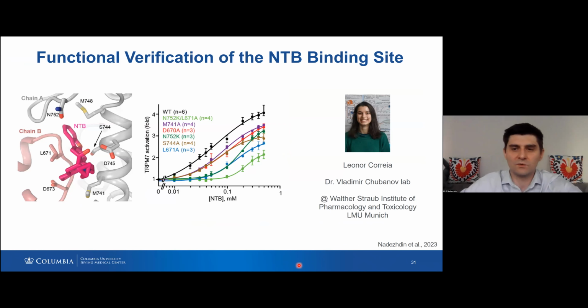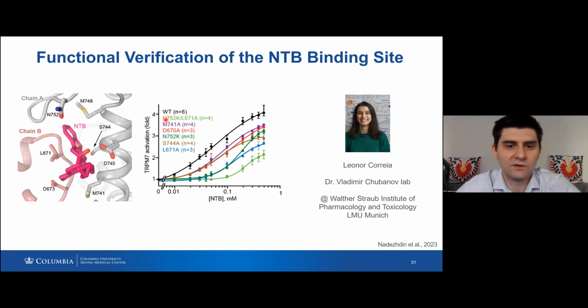And with the help of our colleagues, they did a lot of functional studies that I cannot show you because this topic is mostly focused on cryo-EM and structural biology, but they did a lot of functional work. So they did all the mutagenesis around this site. And basically, if you touch any residue that is close to the naltriben binding site, you can see the reduction of TRPM7 activation.